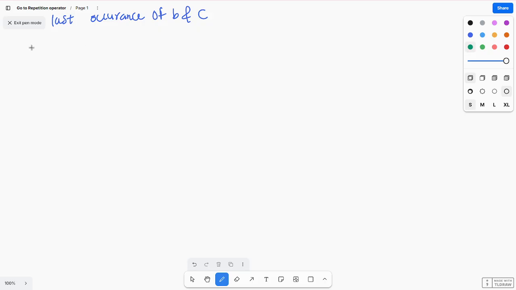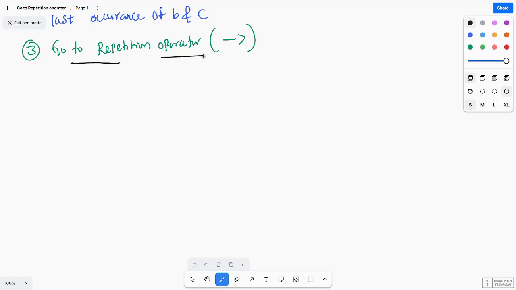Okay, and next, the last one, the third one, is the go to repetition operator. The symbol is this one. Let us take one example.